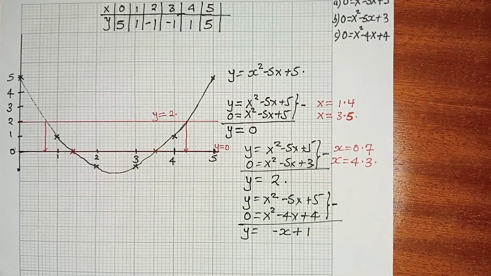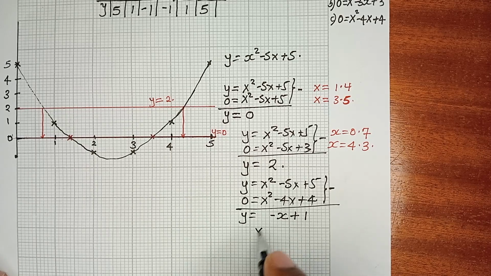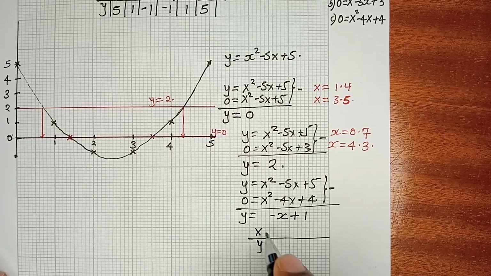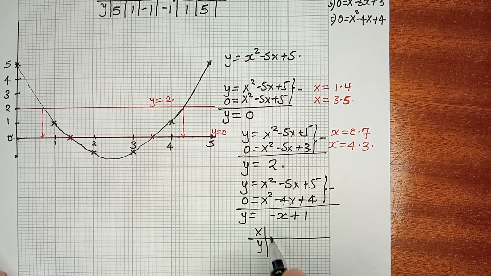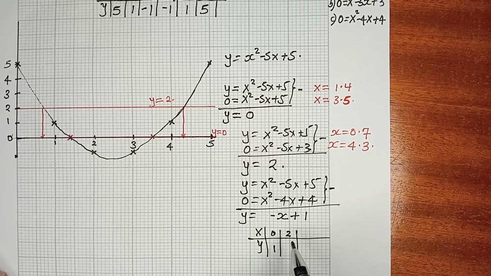And for us to construct this one, probably we need a small table here, whereby we have x and y. When x is, let's say, 0, what is y? Y is 1. When x is, let's say, 2, y is minus 2 plus 1, minus 1. When x is 4, minus 4 plus 1 is minus 3.